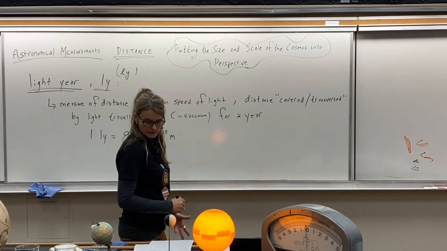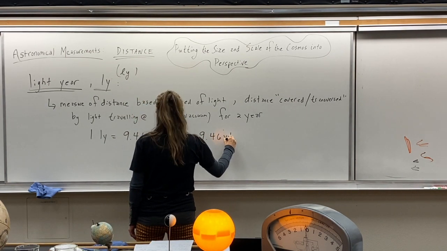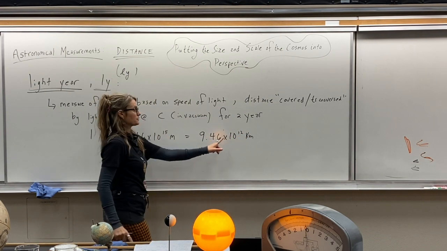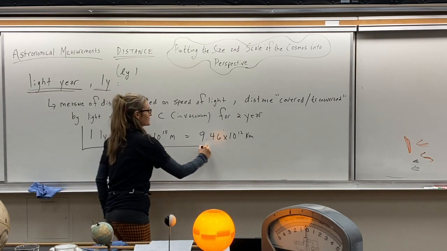And a lot of times if you want to do the kilometer conversions, 9.46 times 10 to the 12 kilometers, because it's 3 units difference between kilometers and meters. That's what a light year is.